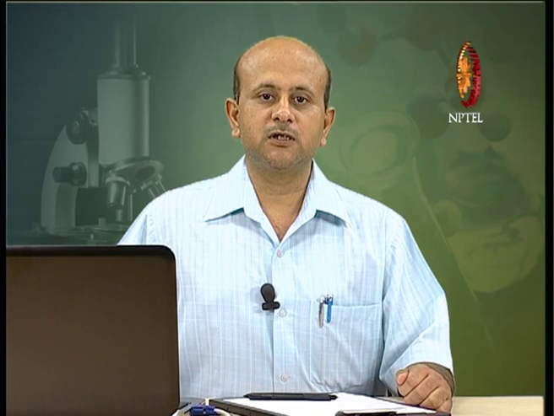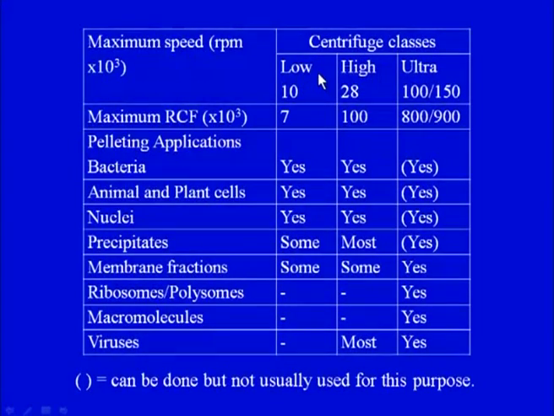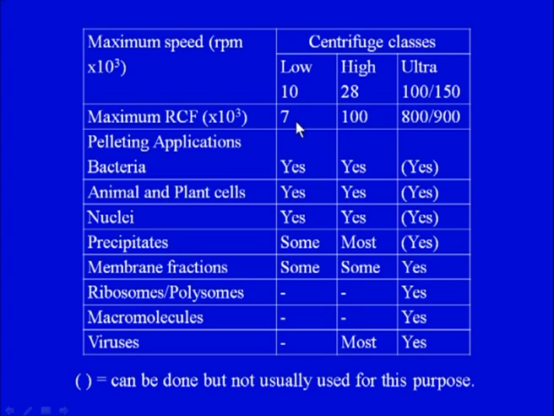Now, in terms of speed, that is revolutions per minute, and the maximum relative centrifugal field which can be achieved, centrifuges can be classified into low speed, high speed and ultracentrifuges.